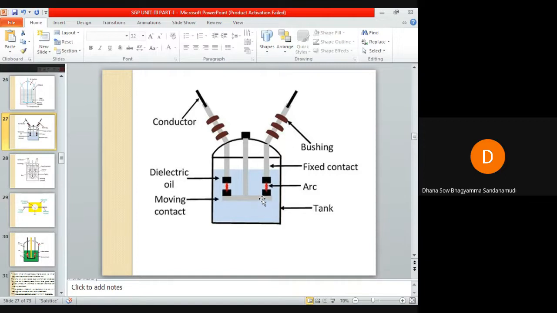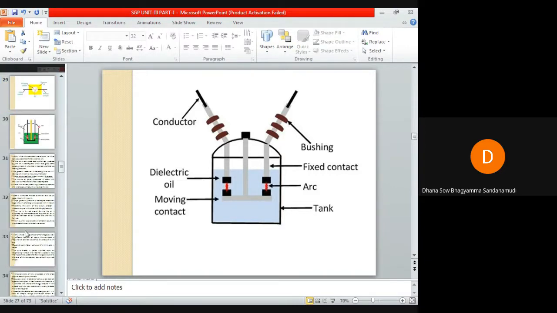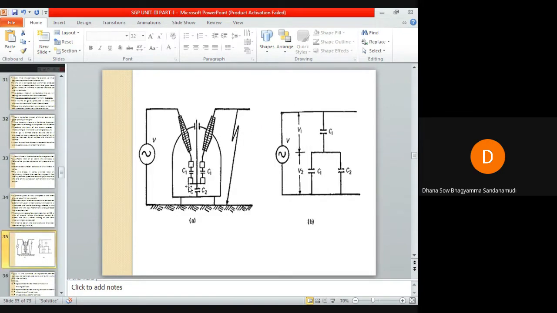Let us consider this image. You can see these two are the fixed contacts, and these two are the moving contacts. Let us assume some short circuit fault has occurred here.